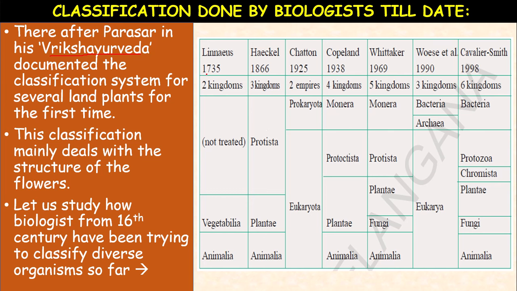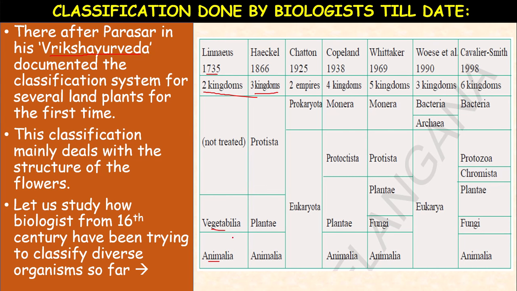Linnaeus in 1735 introduced the two kingdoms, Vegetabilia and Animalia. Next, Ernst Haeckel in 1866 introduced the three kingdom classification.